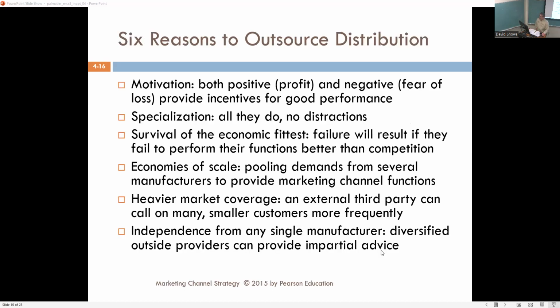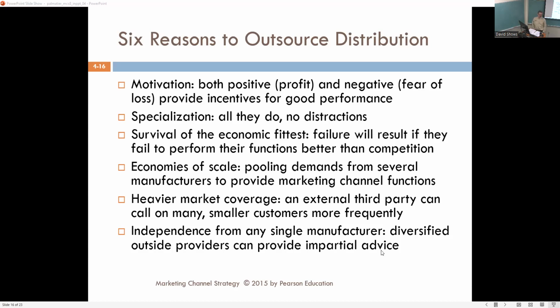But once again, let's talk about the outstanding reasons why we outsource distribution. Under normal circumstances, the market that distributors are in is generally efficient.